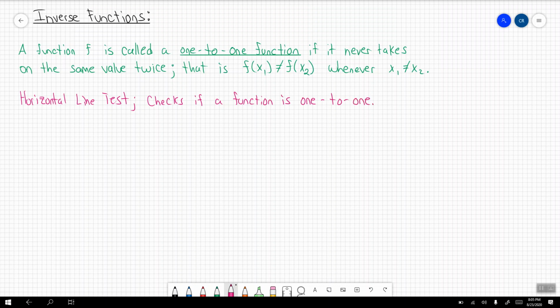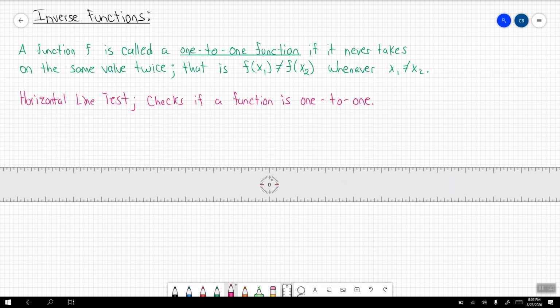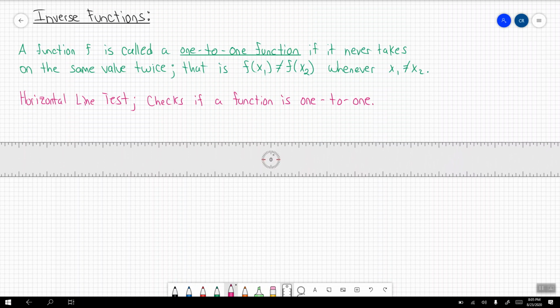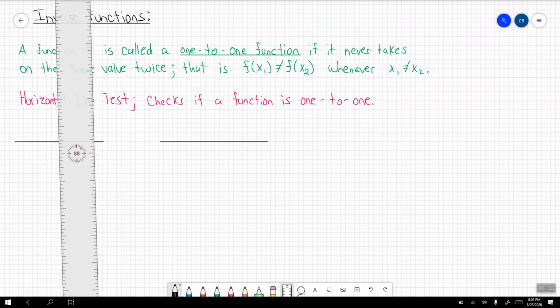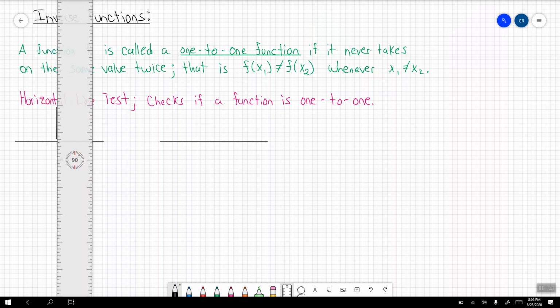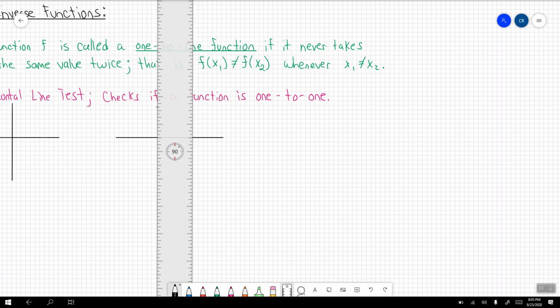Now, what does that mean and how do we work with it? Let me give you two examples. I am creating x and y axes, that way we can start graphing some functions and then determine whether they are one-to-one or not.